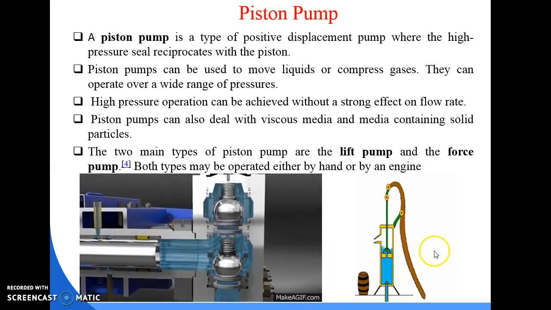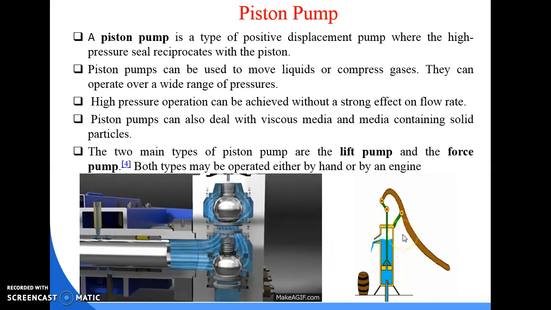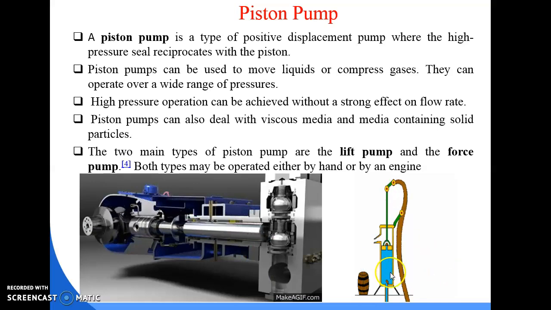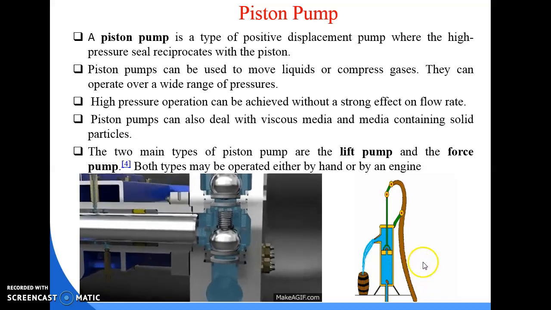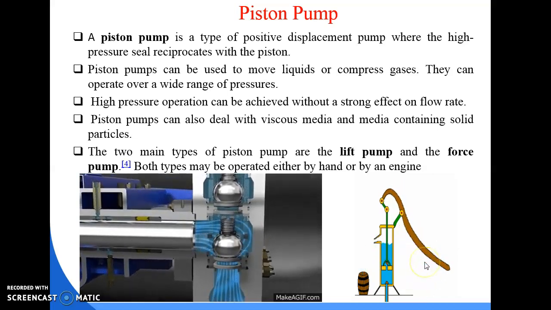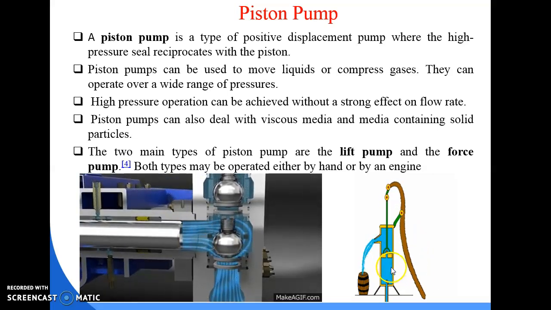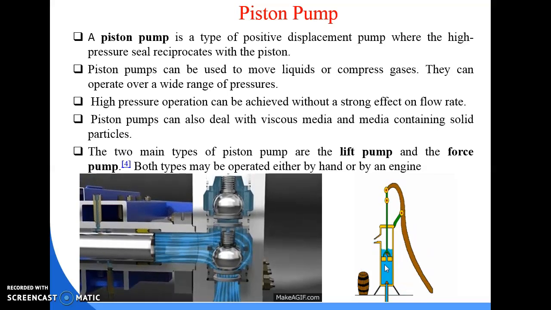Similarly, as shown in the figure of the hand operated piston pump, the liquid is pressurized by the use of a handle. The handle is used to reciprocate the piston, and that piston is a hollow one, also known as a plunger.